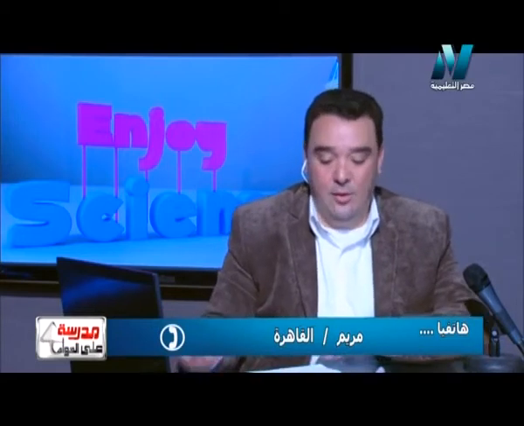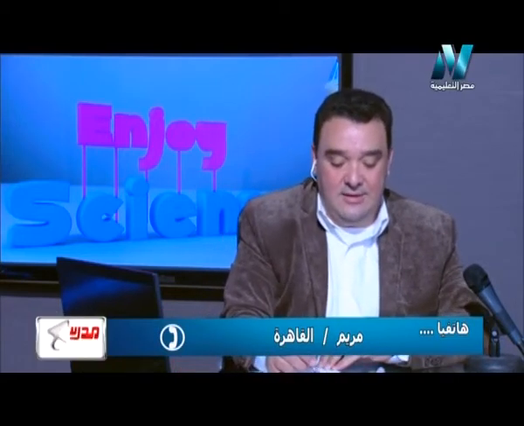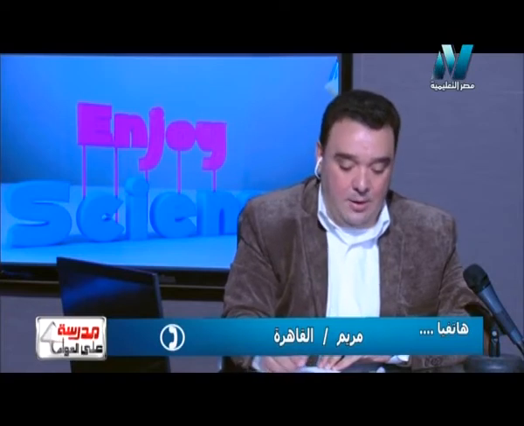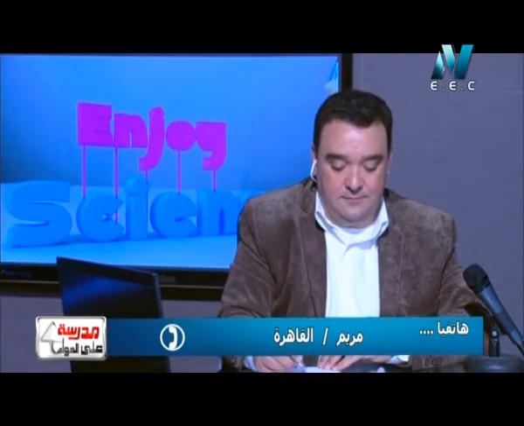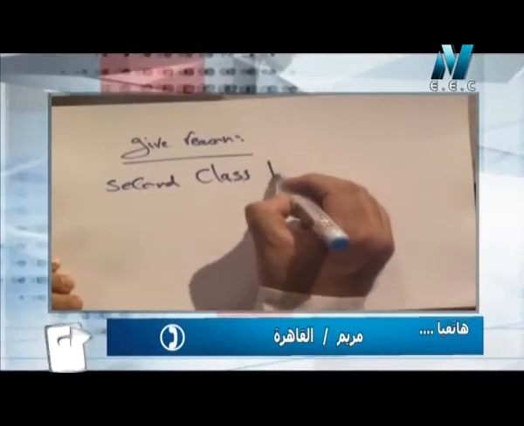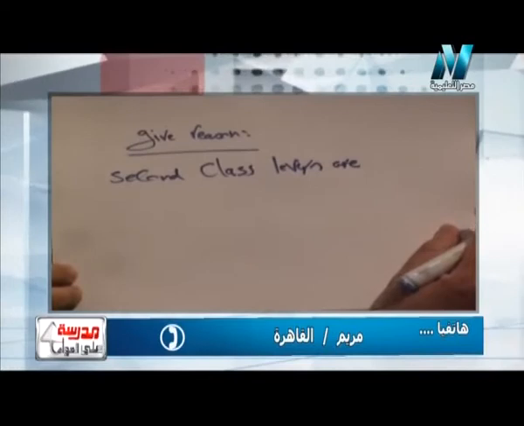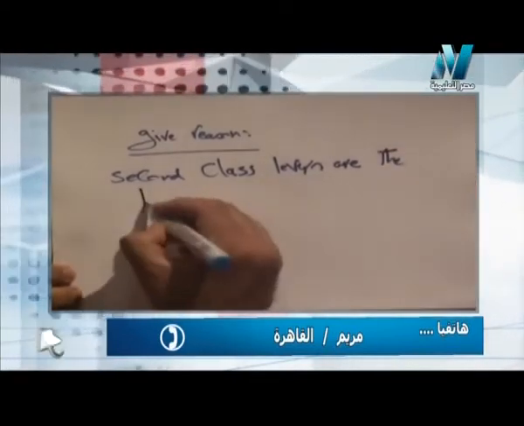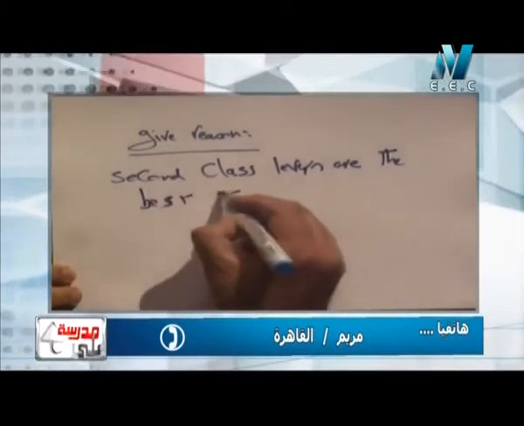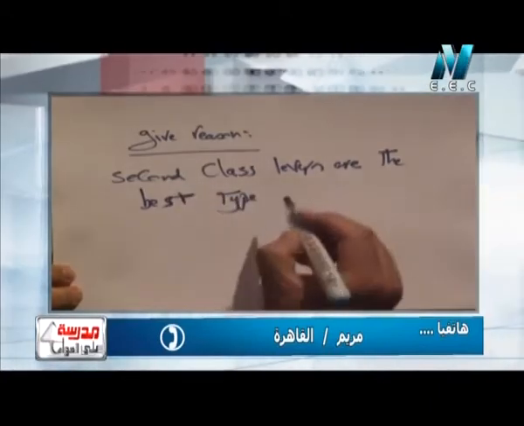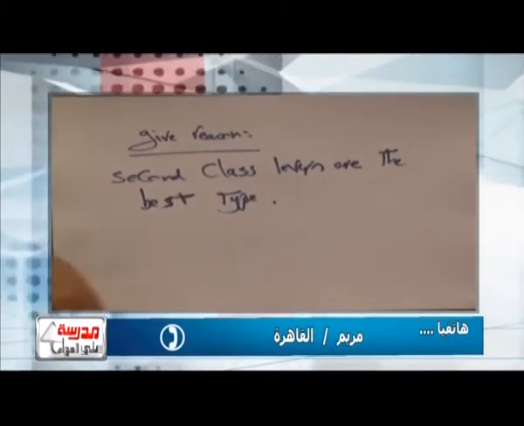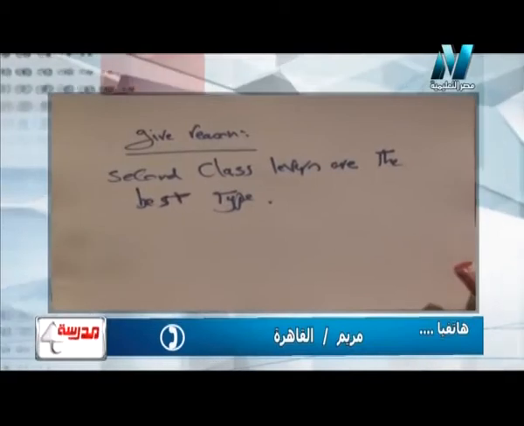So Mariam, I have a give reason question for you. I will write it now. The question says: give reason, second class levers are the best type. The best type of lever. Why, Mariam? Because it conserves effort. So why does it conserve effort?